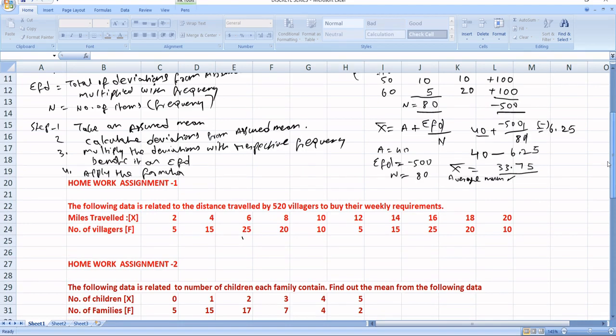Miles traveled, number of villages, and you have to find out the average distance traveled by villages to buy the weekly requirements. And the second problem is to find the average number of children in each family. These are the 2 assignments for you to do as homework. You must practice, because practice makes you perfect.